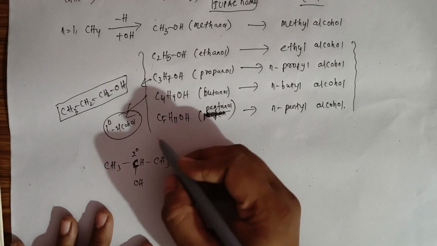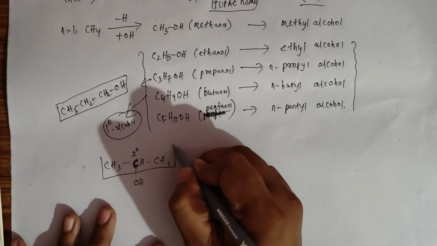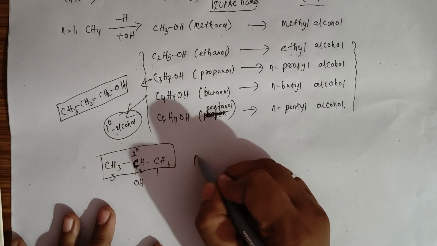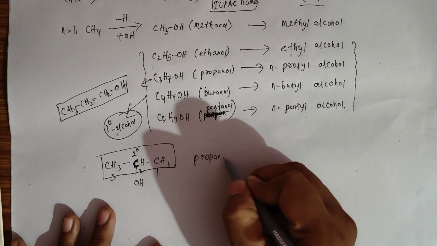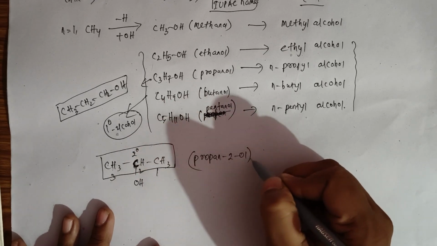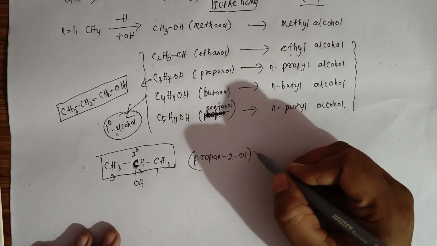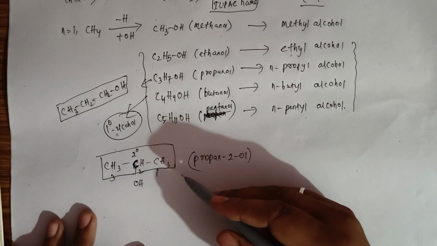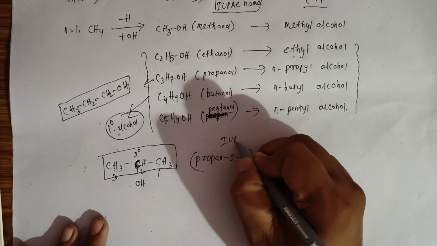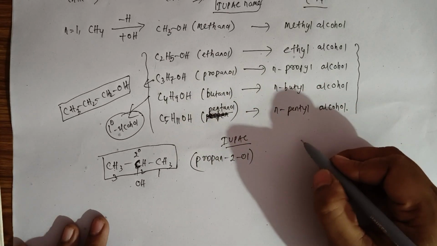How can we name it? First of all, count the parent chain: 1, 2, 3. That means the word root must be propan, then 2, then ol, the secondary suffix. So propan-2-ol must be its IUPAC name. But this is the IUPAC name, not the common name.